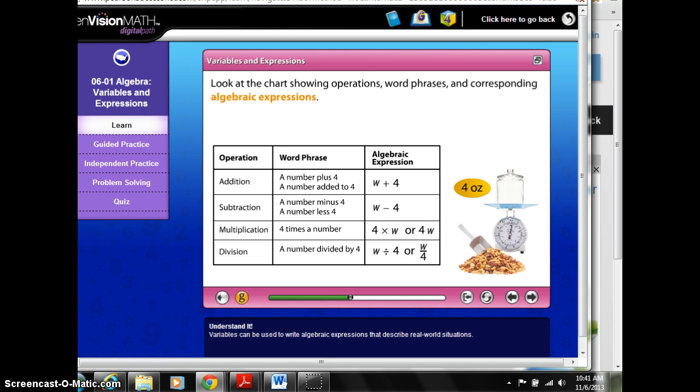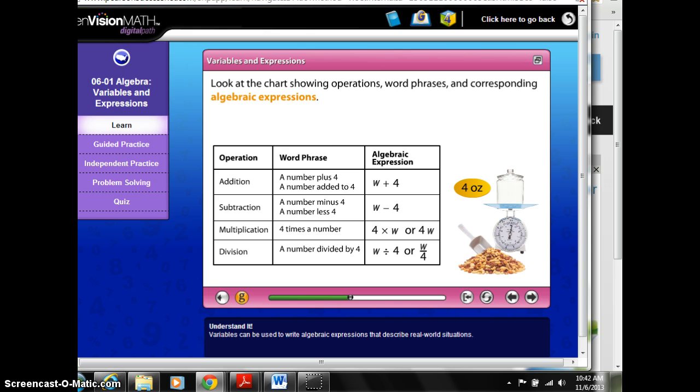And finally, division. When we divide a number by a variable, we have to be careful. Does the variable come first divided by the number, or does the number come first divided by the variable? Another way to write a division problem is to write it like a fraction. Did you know that 1/2 actually means 1 divided by 2? Yeah.